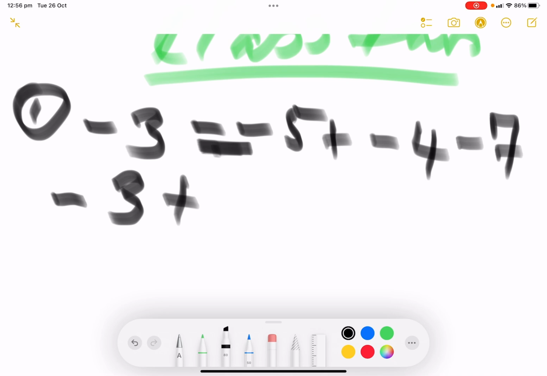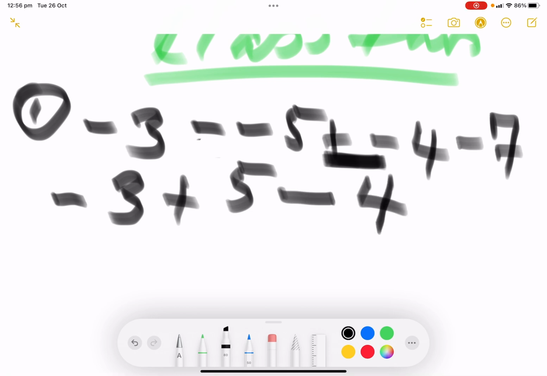So -3 plus 5. And here we have plus minus. Wherever you see 2 different signs, it becomes negative. So to be -4 here, then minus 7.